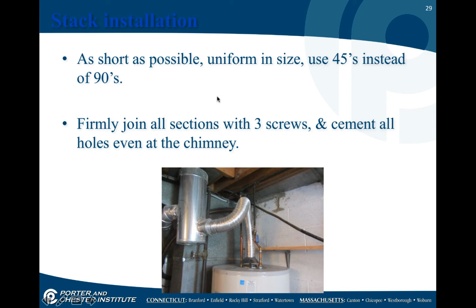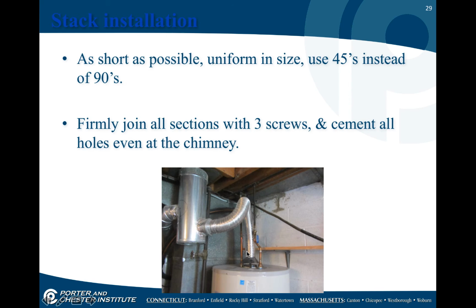You want to keep the stacks as short as possible. You want to keep them in uniform sizes. You want to use 45s instead of 90s, because 45s have less bend. You have to firmly secure all sections. You have to install all sections with 3 screws and cement over all holes, even at the chimney. You cannot make up your own draft material using flexible pipe.